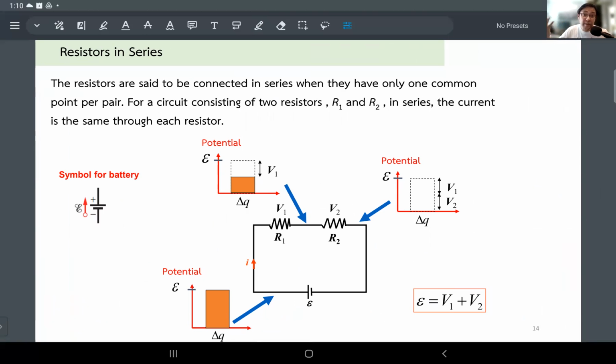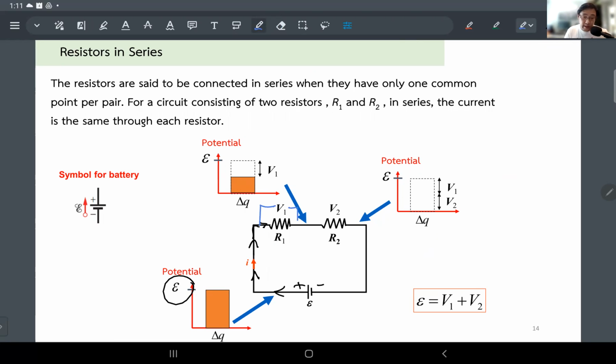So in terms of the potential, you come out with super high potential because you just came out from the positive end of the battery. Then you keep traveling and hit the first resistor, and because you want to push through, there must be a potential difference across this one.